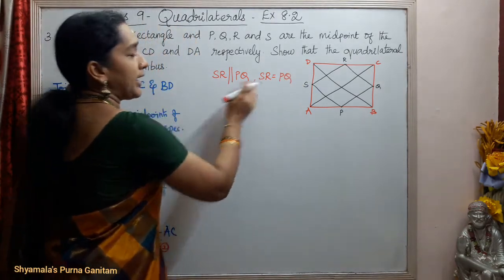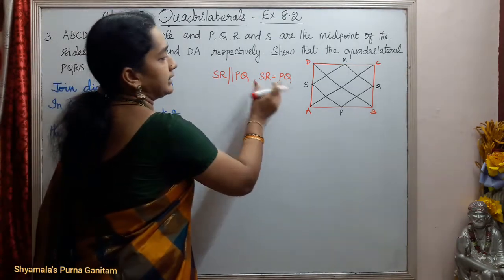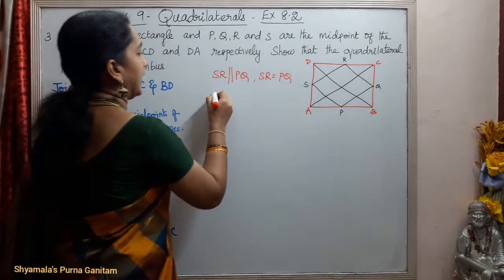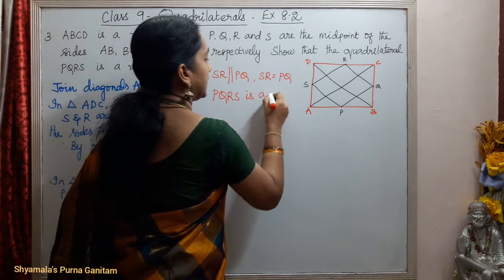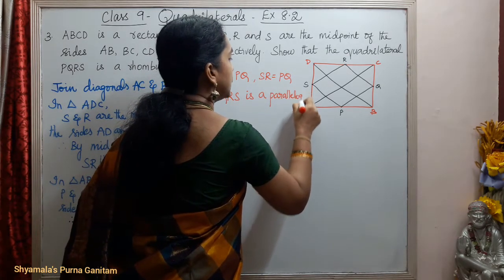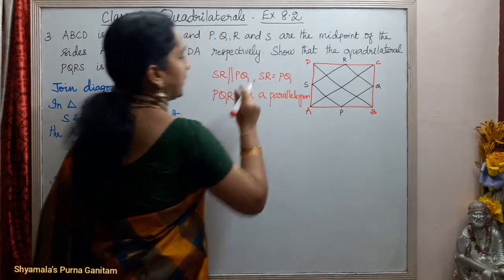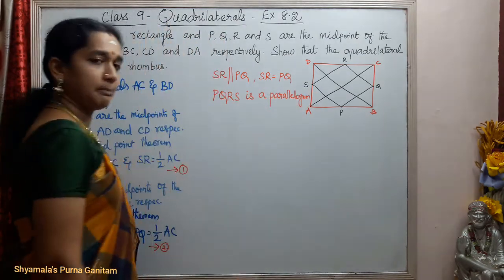Since one pair of opposite sides are parallel and equal, we can say that PQRS is a parallelogram.